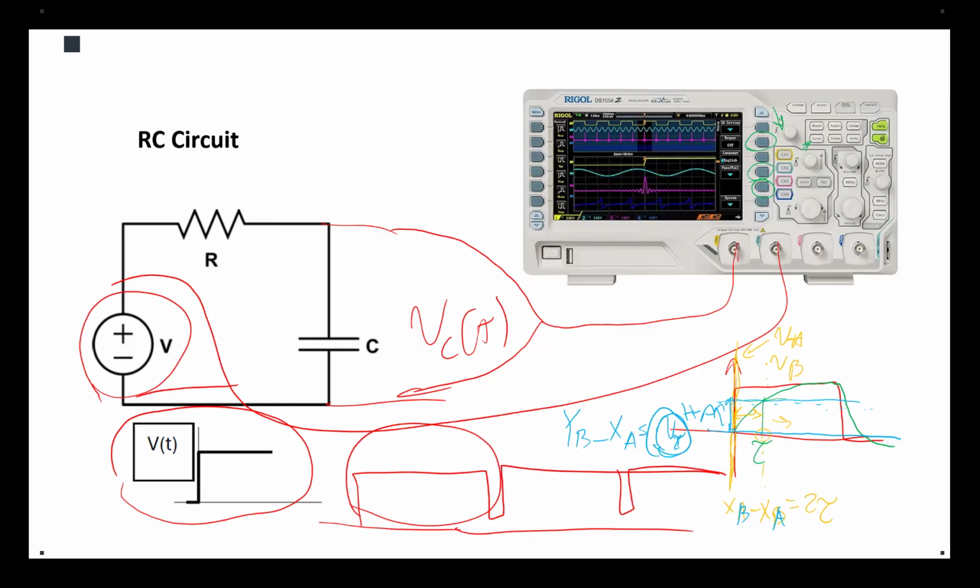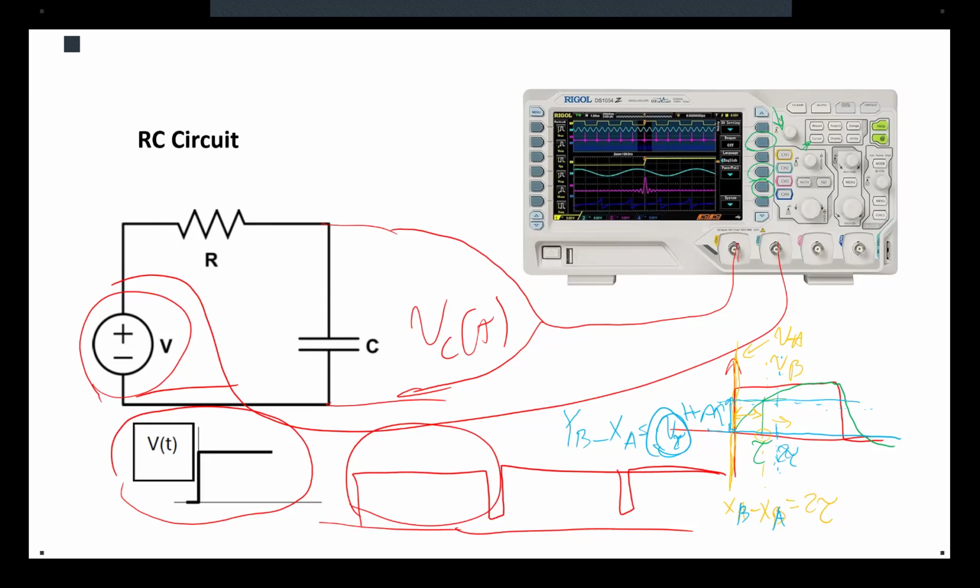Any question about that? Now, if you wanted to do the 2 tau, now you use the vertical one to put the vertical B on the 2 tau.